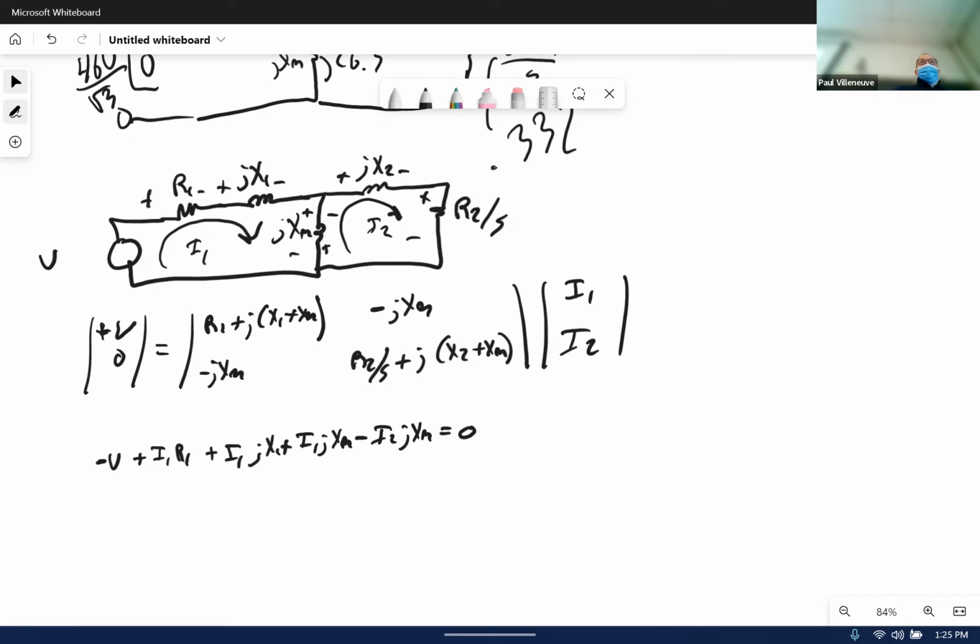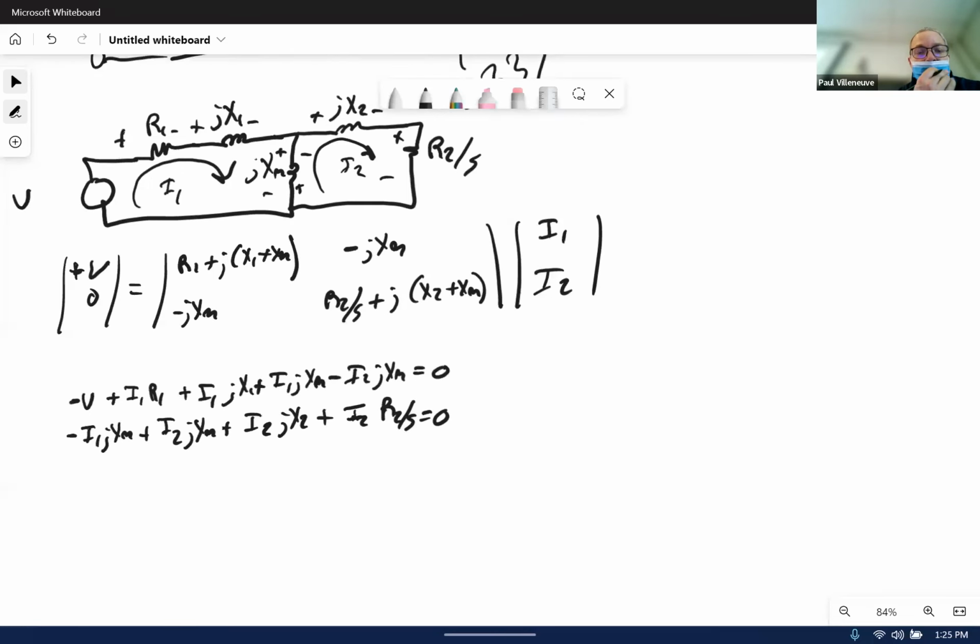We're on that closed loop. That's writing it out full Monty, not trying to add or subtract. And then the bottom one over here, we have negative I1 jXM plus I2 times jXM plus I2 times jX2 plus I2 times R2 over S equals 0.